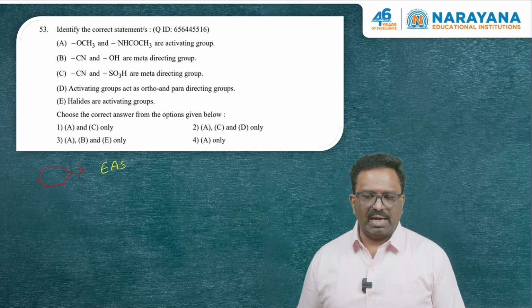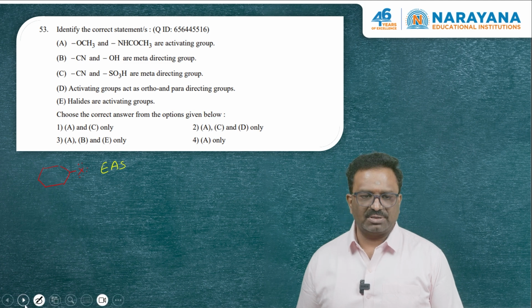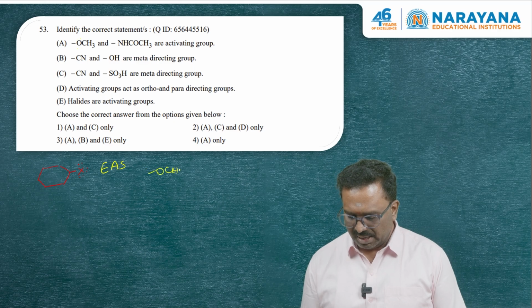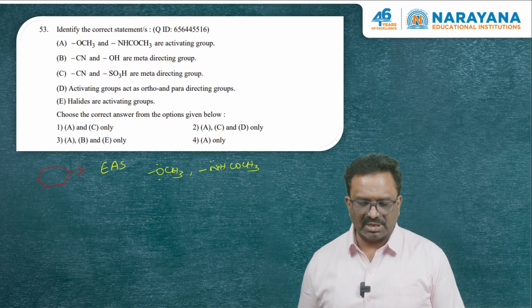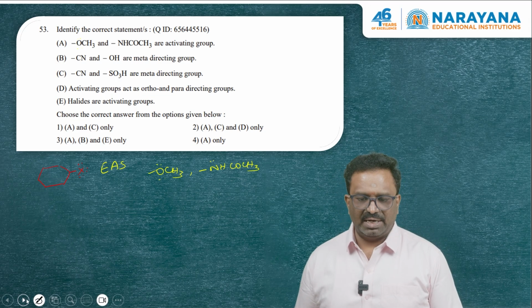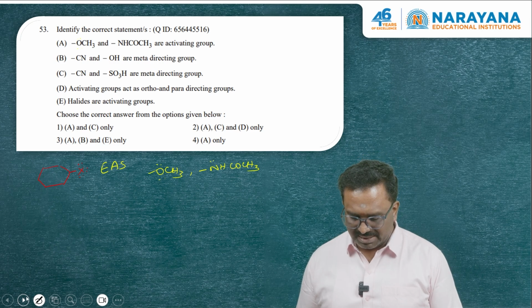In the first statement, OCH3 has a lone pair of electrons on the oxygen, and the same in NHCOCH3, where nitrogen has a lone pair. So this acts as an activating group. So statement A is correct.